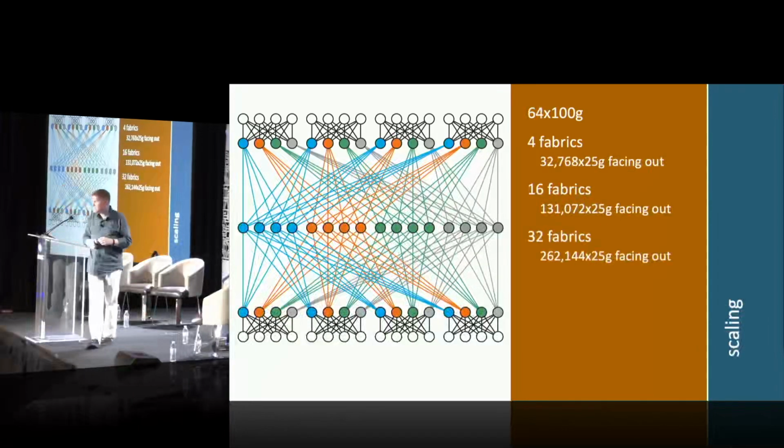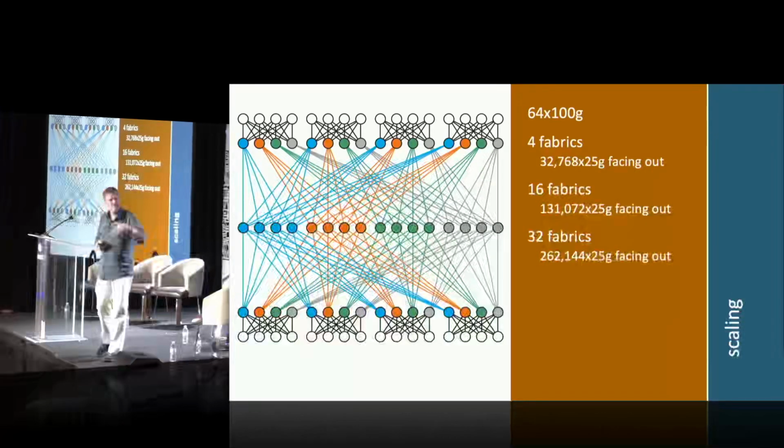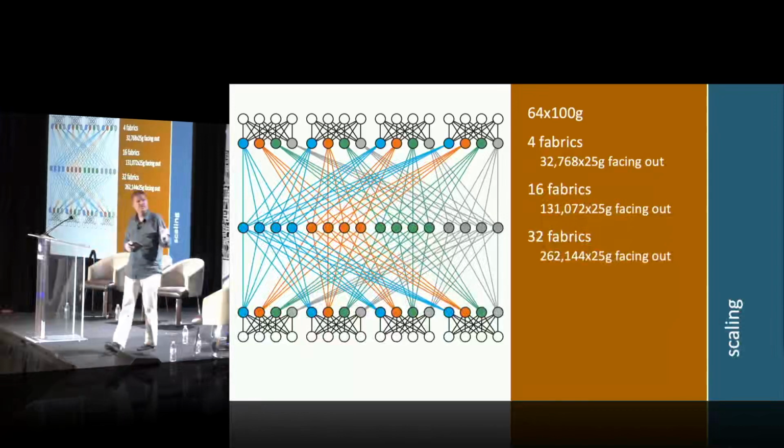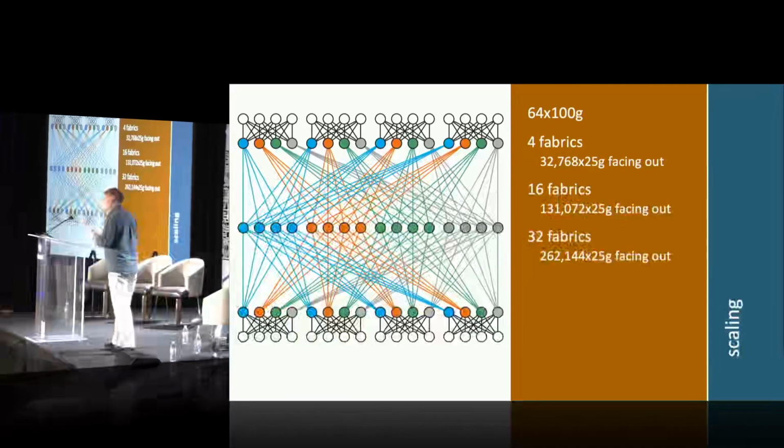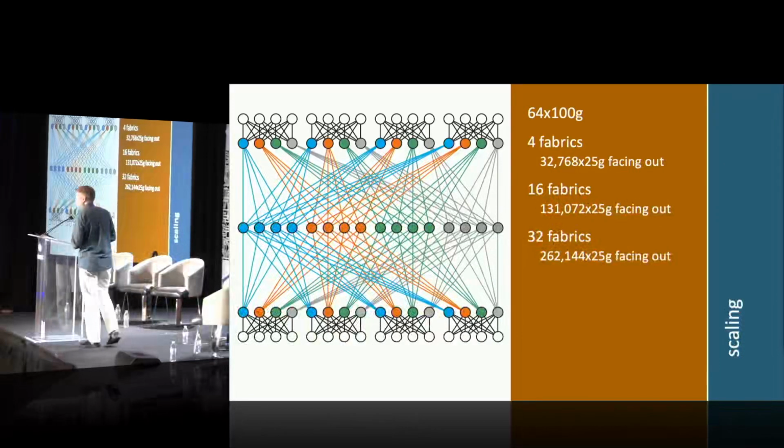Now, if I go to 64 by 100 devices, which are 2 RU, you can start seeing some of the numbers I can get. The max I can build is going to be 32 fabrics, which is 262,144 by 25 gig facing out ports in a 5-stage butterfly using 32 fabrics.